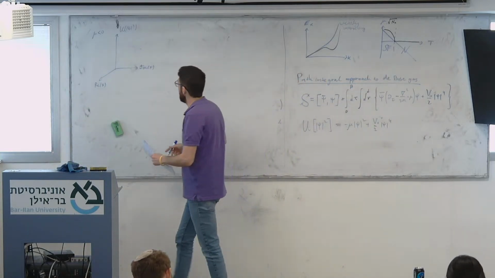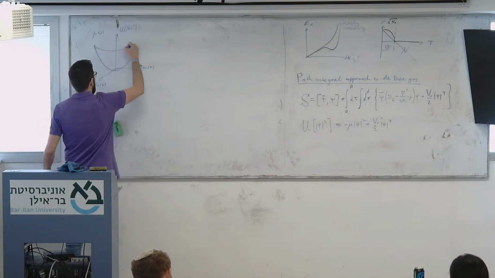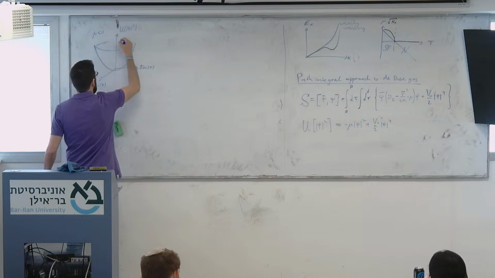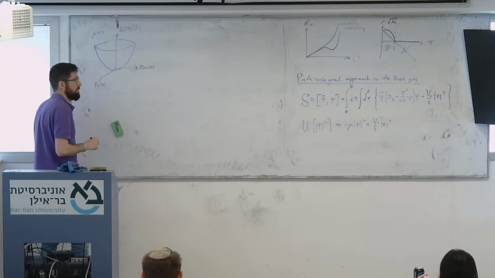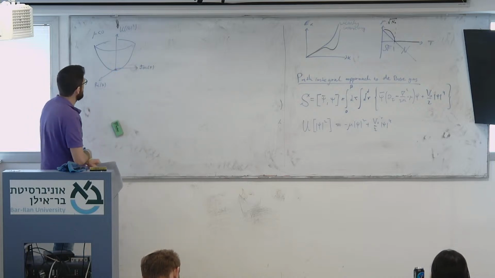We basically have a bowl, and the minimum of the bowl is at 0.